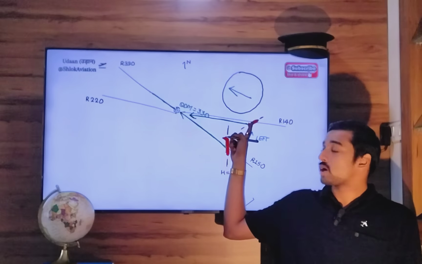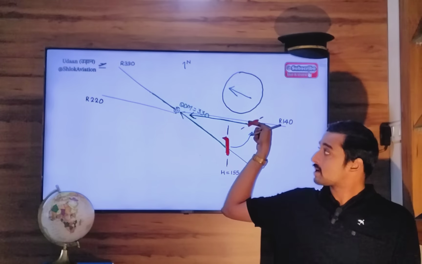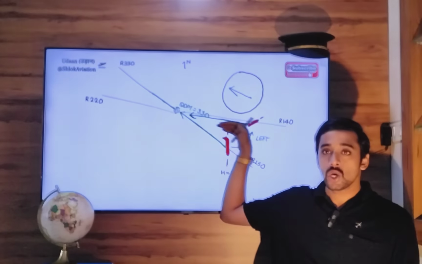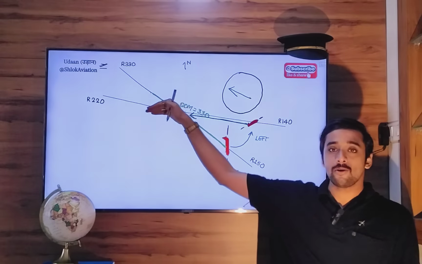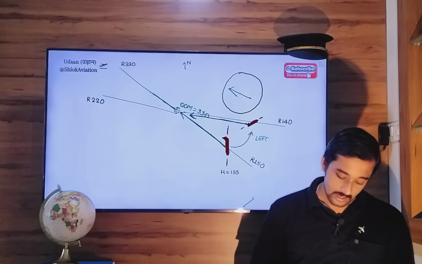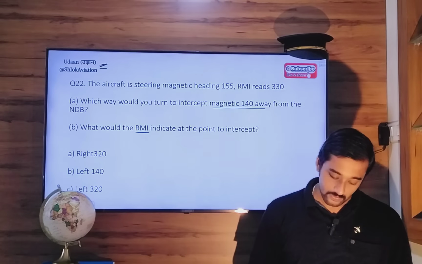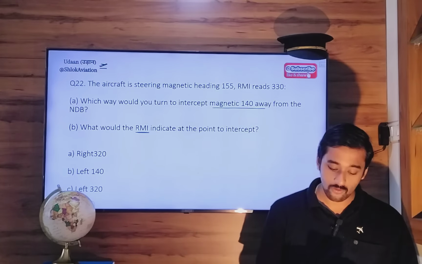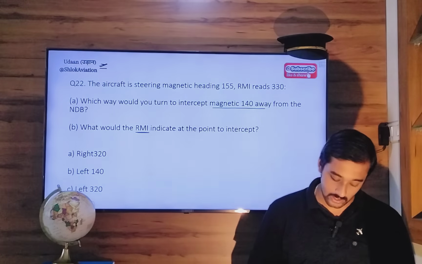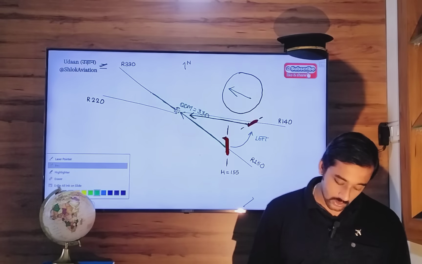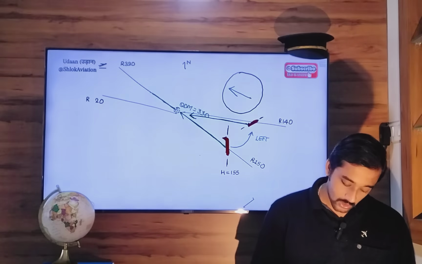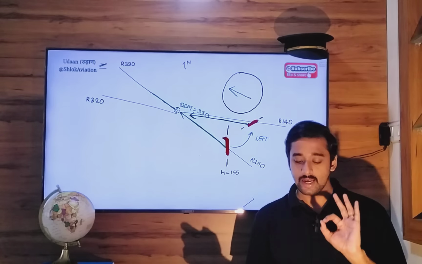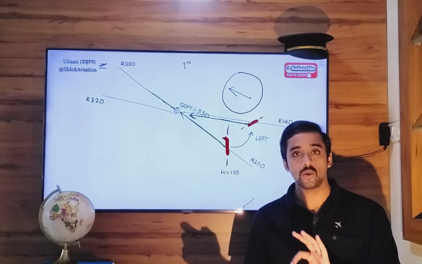So if you are at track 140 outbound, the track towards the NDB station will be reciprocal of 140, which is 220, which will take you in that direction towards the NDB. So QDM should be somewhat, correction. The reciprocal of 140 is 320. Yeah. So it is 320. So your RMI will indicate a direction of 320.